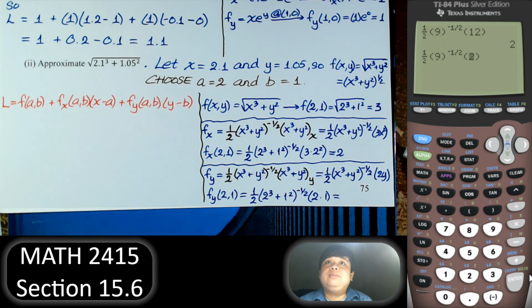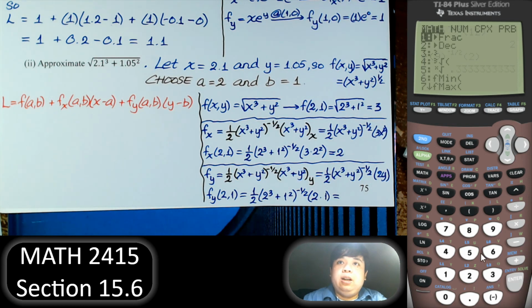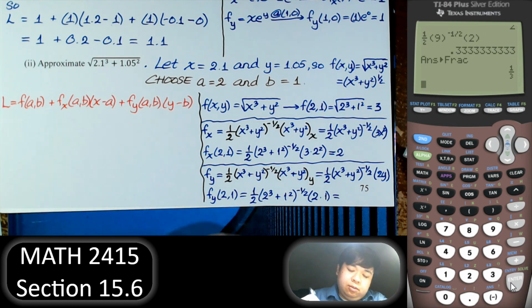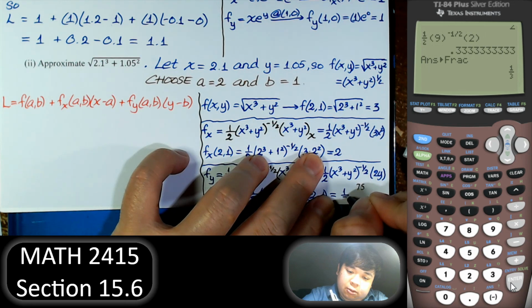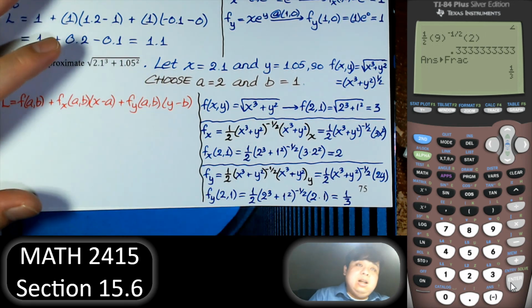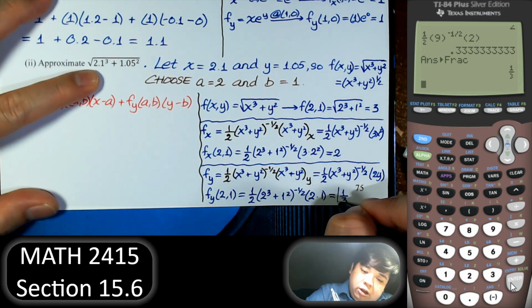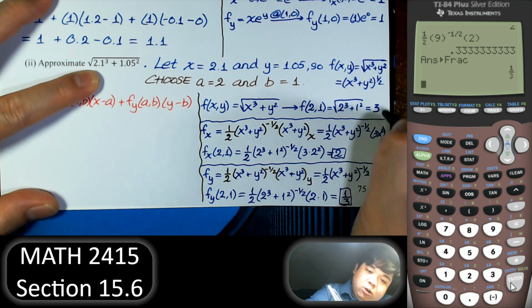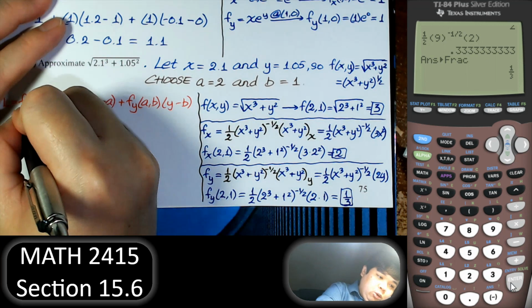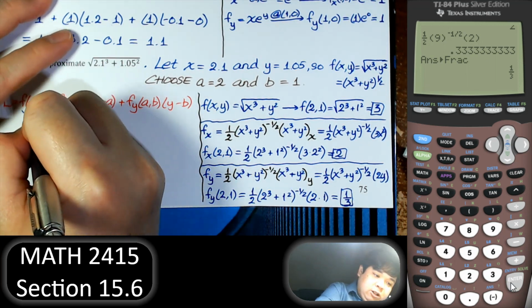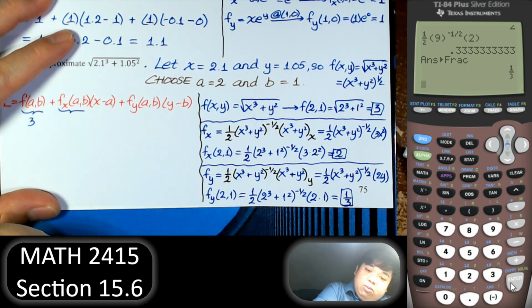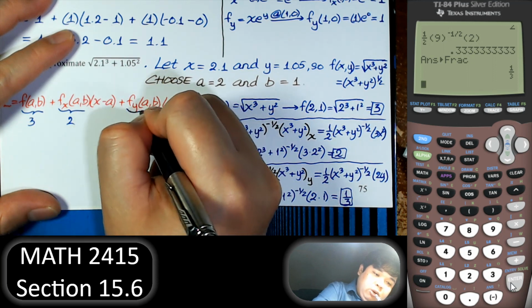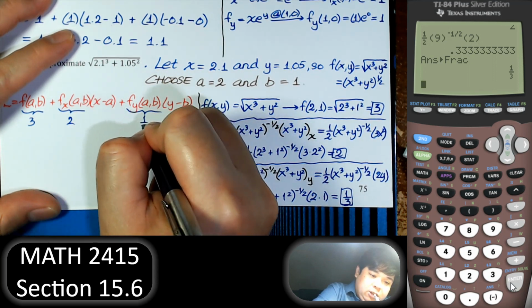So this is 1/3. So if I summarize the values, 1/3 is the derivative with respect to y, 2 is the derivative with respect to x, and 3 is the function value.